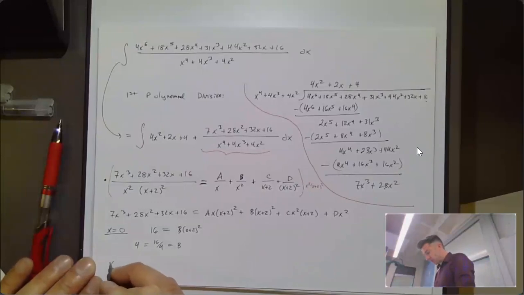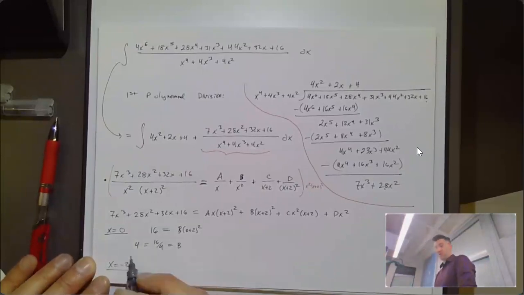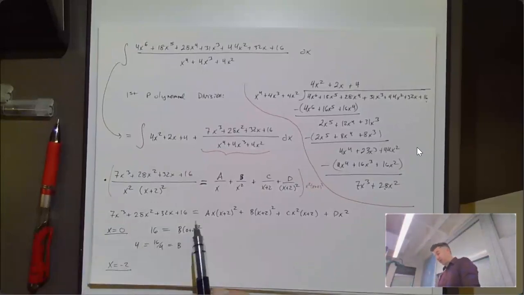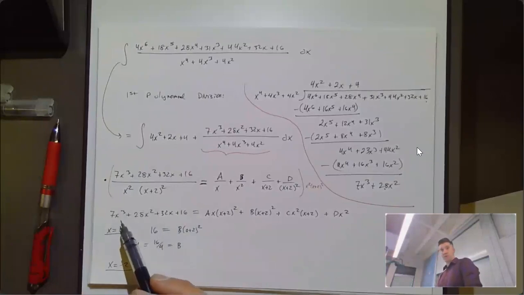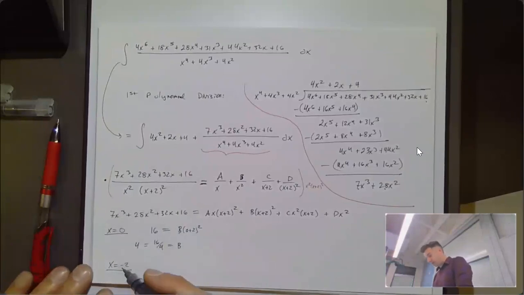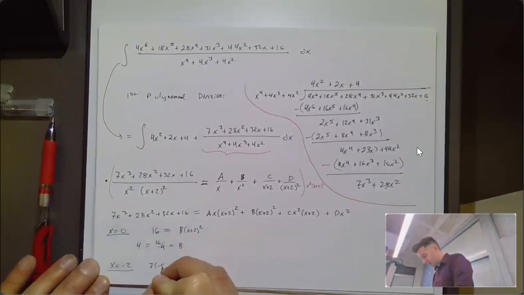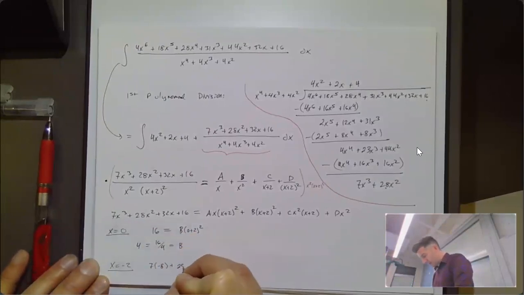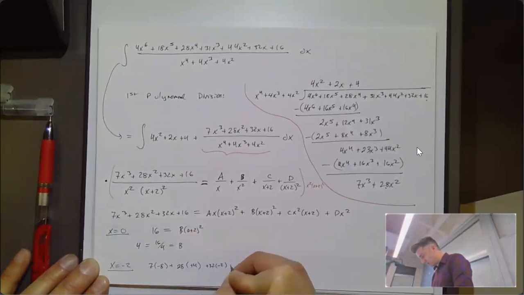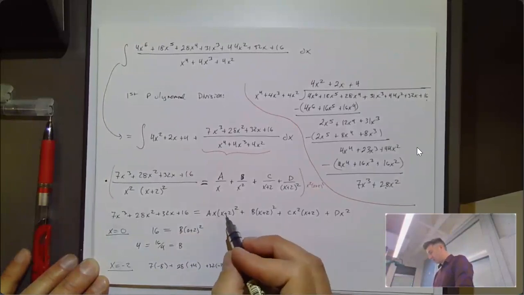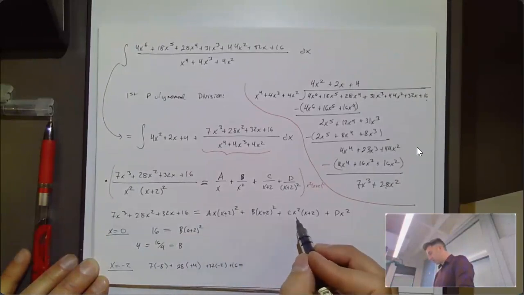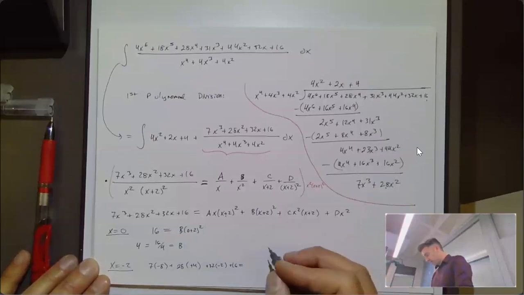Now we have to be a little more careful, because plugging -2 on the left side actually requires some arithmetic. I get 7 times -8 plus 28 times 4, plus 32 times -2 plus 16 equal to 0 plus 0 plus 0 plus D times -2 squared.